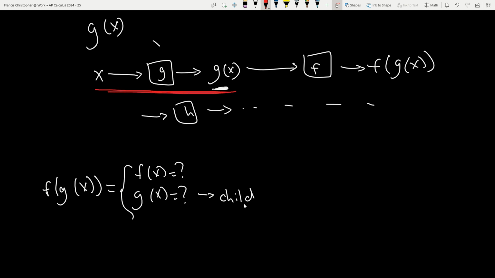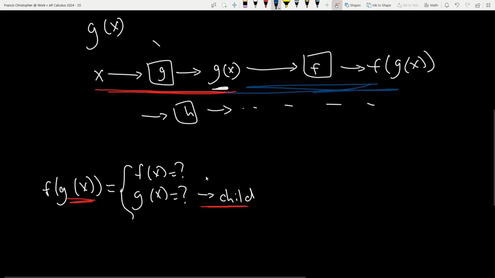A good way to think about this is usually children have the priority over adults in, I don't know, emergency situations, or like who gets the meals first. So the child has priority. That's what we do first. That's the inner function. And then we do f, and then we get to the parents. So this would be the parent function, and that's the outer one.